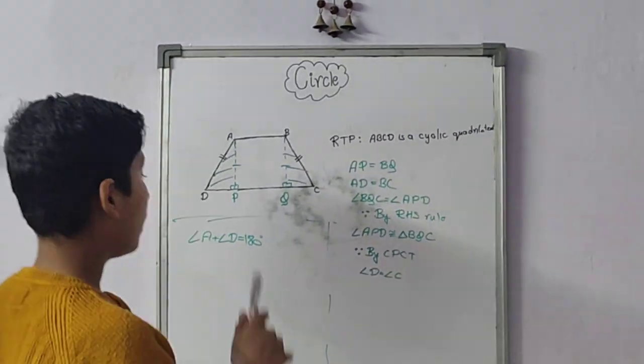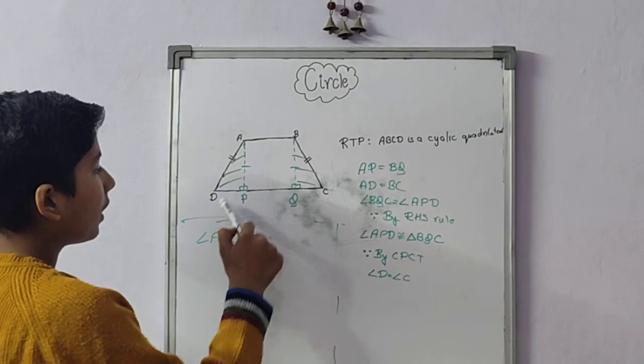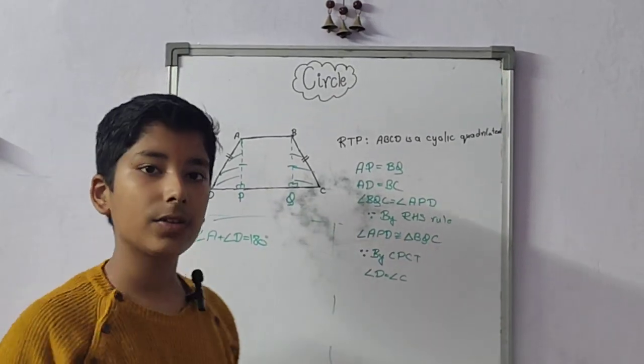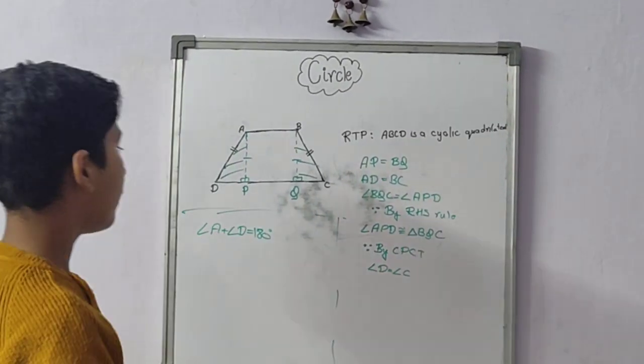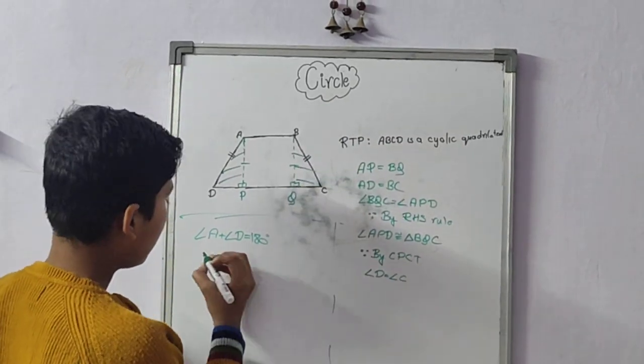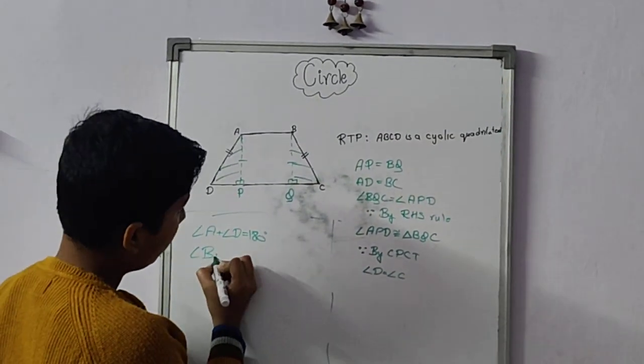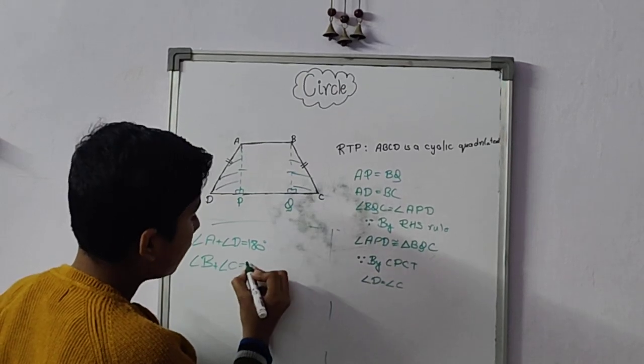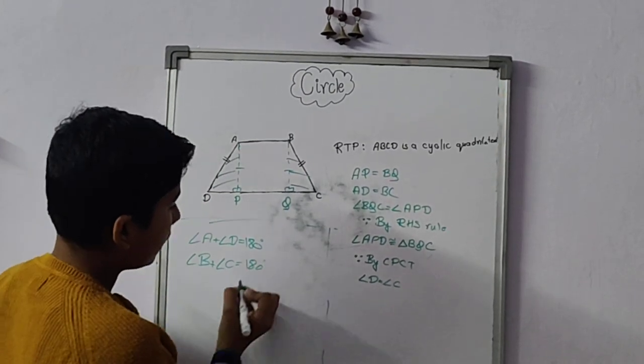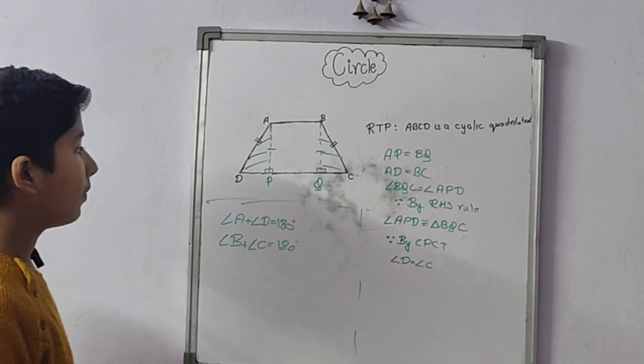Why 180 degree? Because this is forming corresponding angle. You might have studied in 7th class. Okay. Now see this, angle B plus angle C equal to 180 degree. It would also be same.